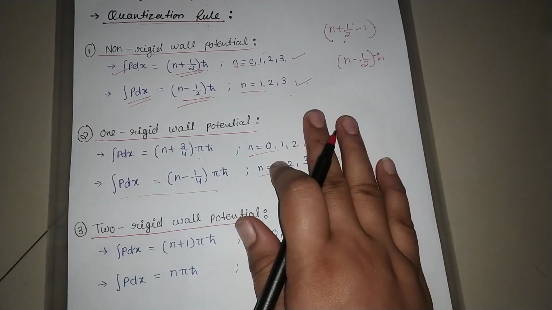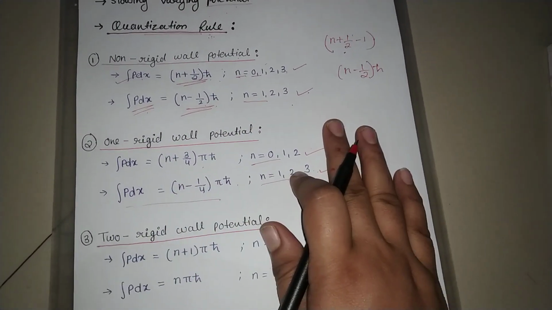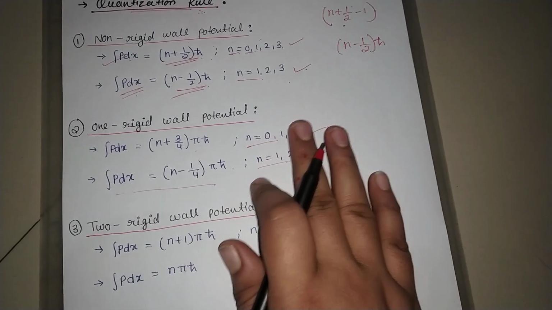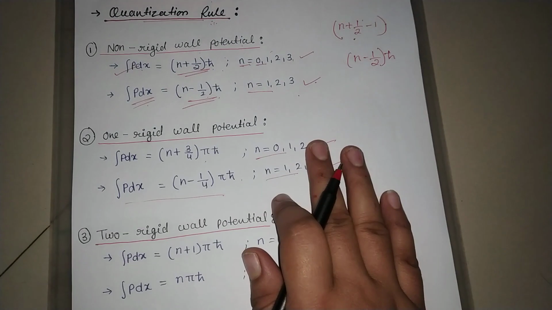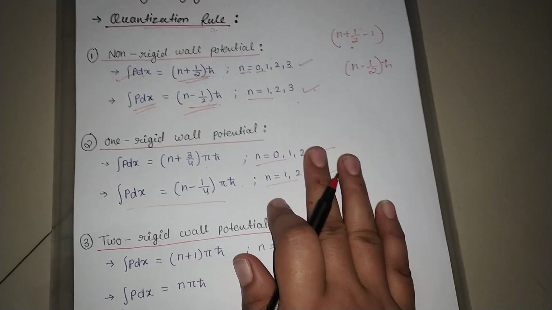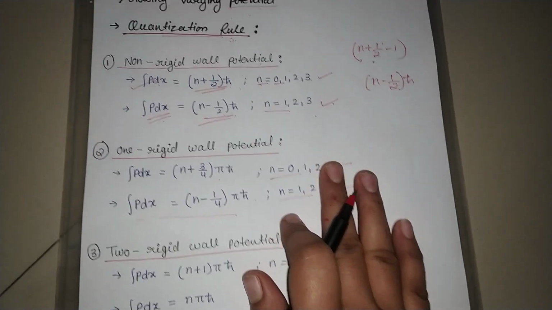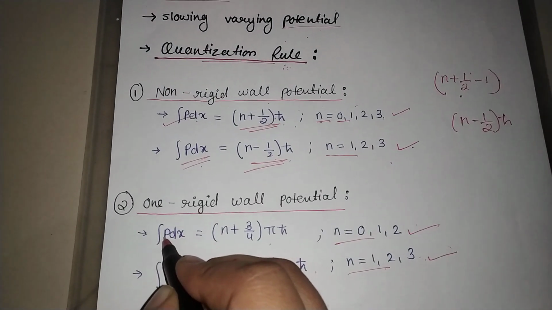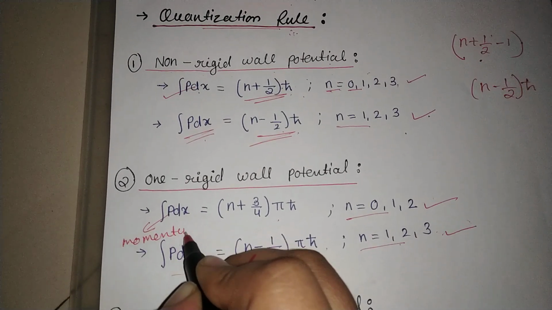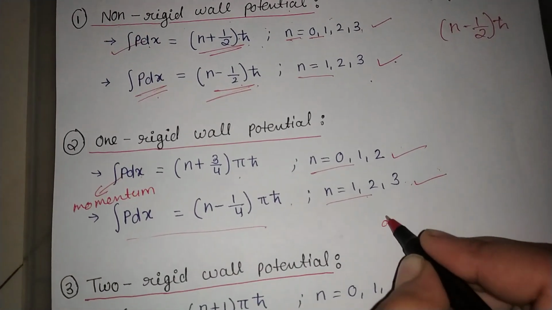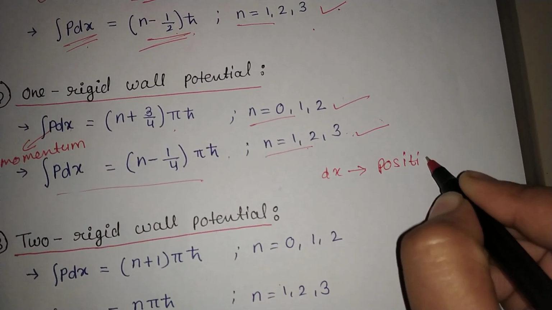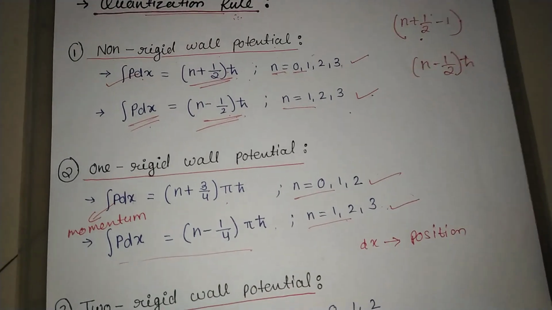On the downside, we have a floor. So this floor will work as a one-dimensional potential, that is, it works as a one rigid wall. Got it? Clear? Here p is the momentum and dx is the position. It represents the position.